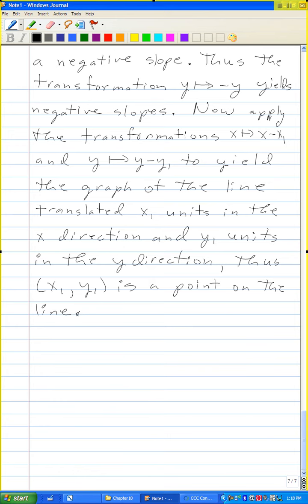And so let's look at the transformed line. The graph of y equal mx has been transformed to y minus y1 equal m times x minus x1.